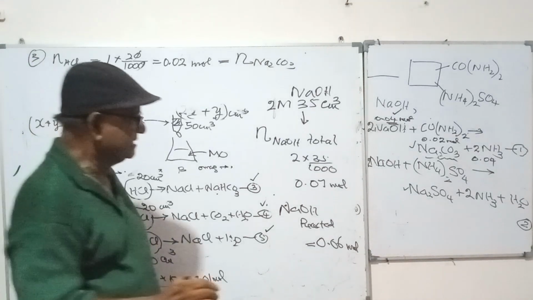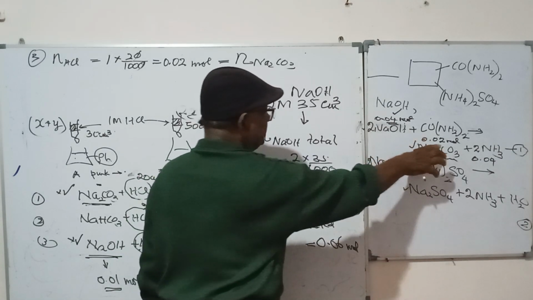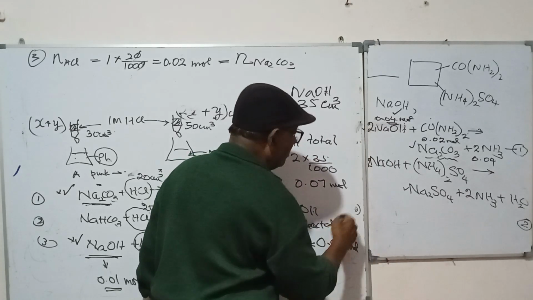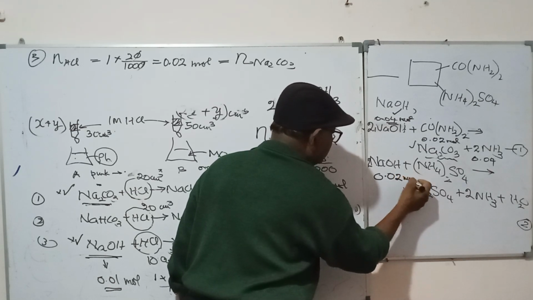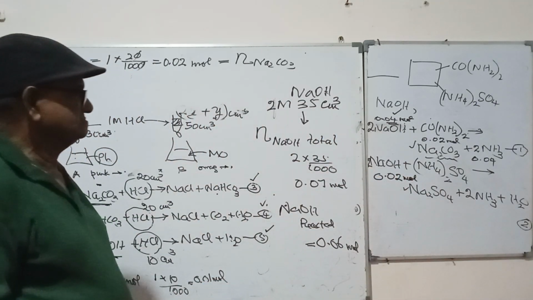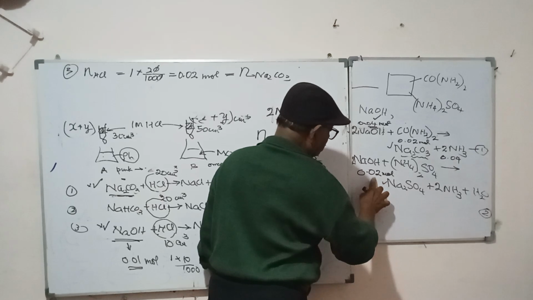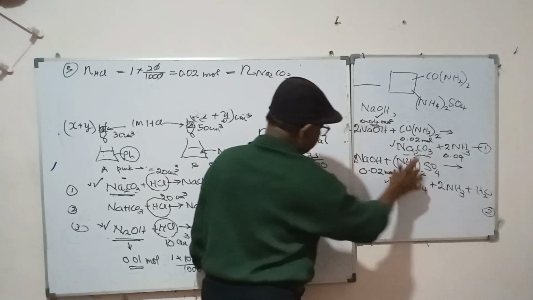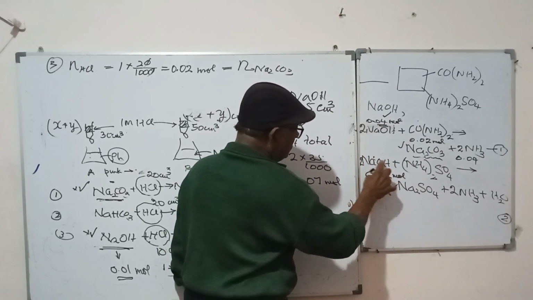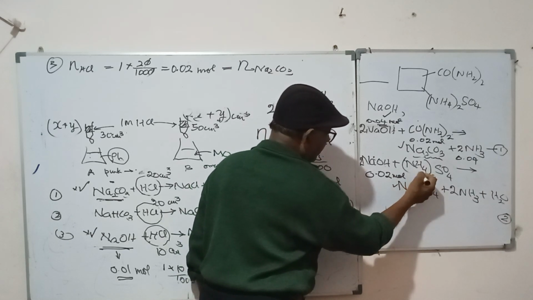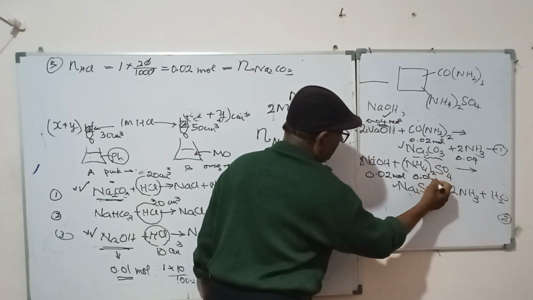Then it is clear that the remaining amount, total 0.06 minus 0.04, should be 0.02. If it is so, for ammonium sulfate, according to the stoichiometry of this reaction, 2:1, if NaOH moles are 0.02, sodium sulfate should be 0.01, 0.01 mole.